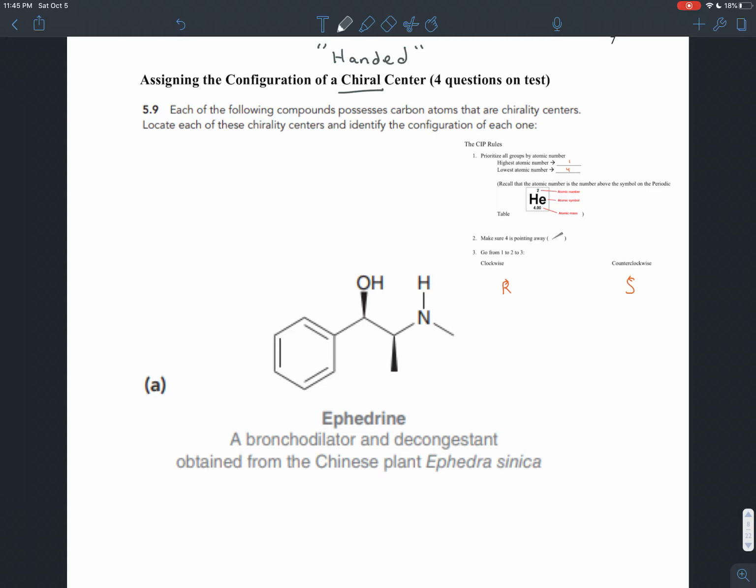In the case of thalidomide, that was a drug that used to be used to treat nausea, morning sickness in pregnant women. Well, one of the hands did that. The other hand version created birth defects, and so children were being born with deformed limbs.